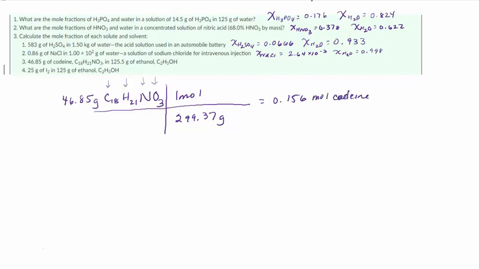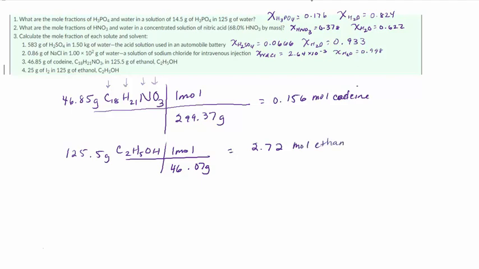And then I have ethanol as well, so 125.5 grams of ethanol. Again, calculate that molar mass by looking at the periodic table. You should have a periodic table with every one of your quizzes. So 46.07 grams is the molar mass I find there for 2.72 moles of ethanol. Add these two items together, you should get a total mole value of 2.876.